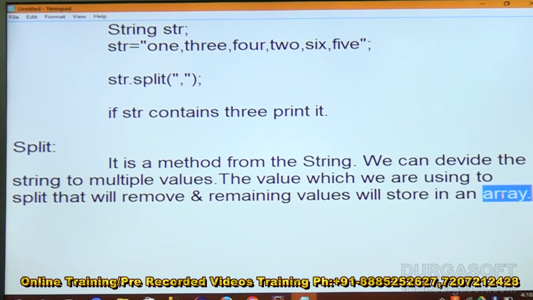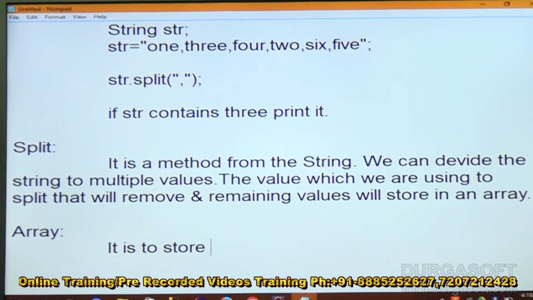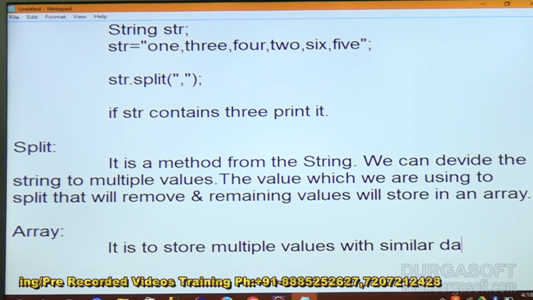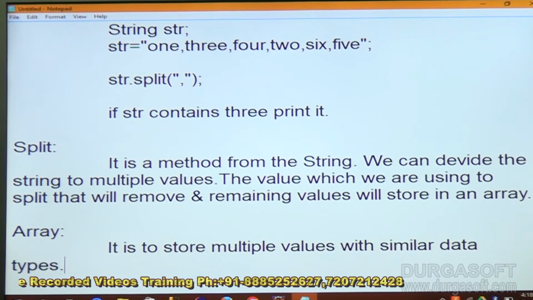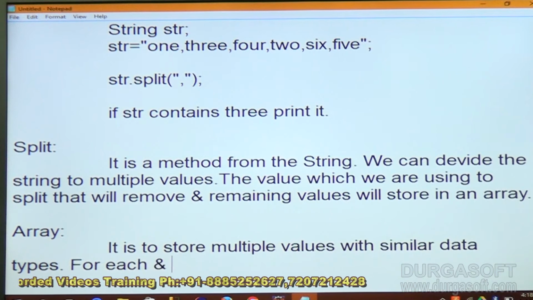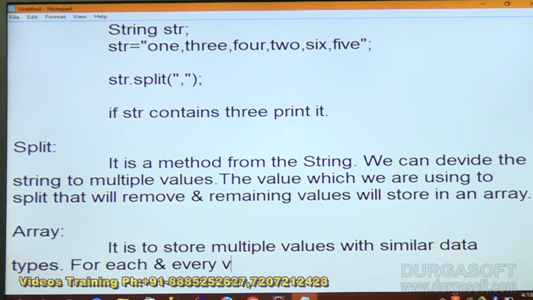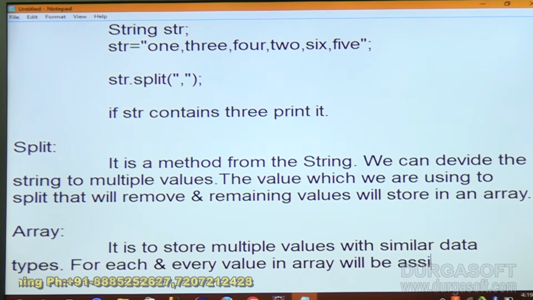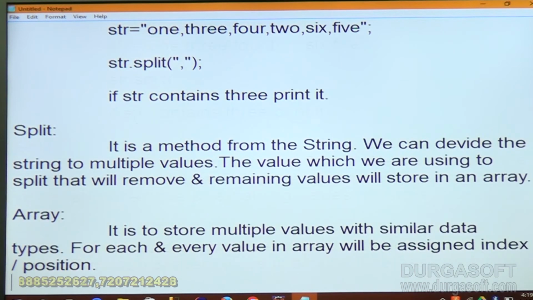Now my question is, what is an array? Simply we can say it is to store multiple values with similar data types, and each and every value in the array will be assigned one index or position.